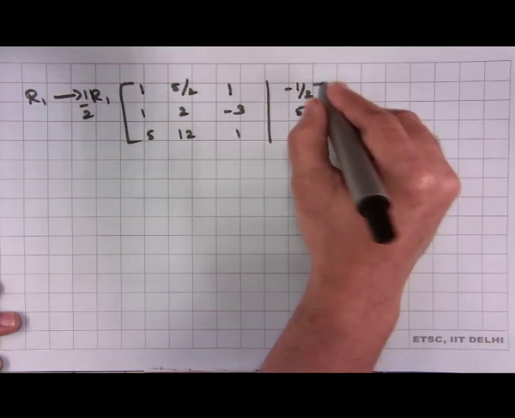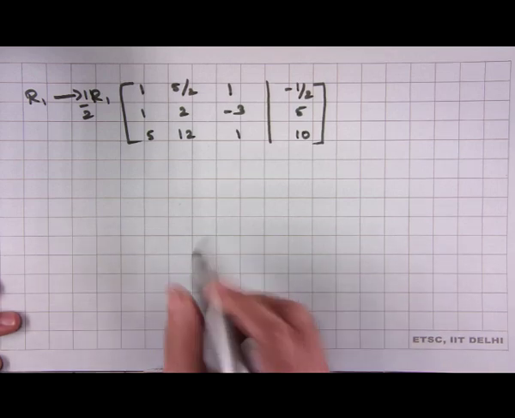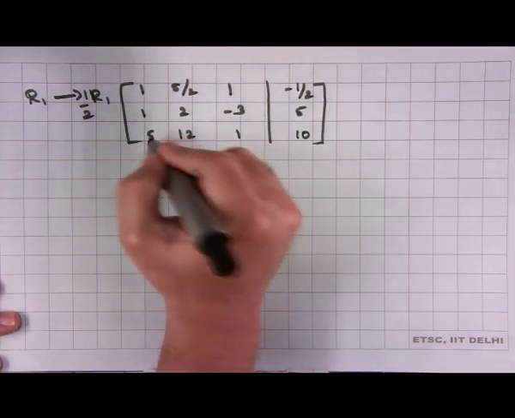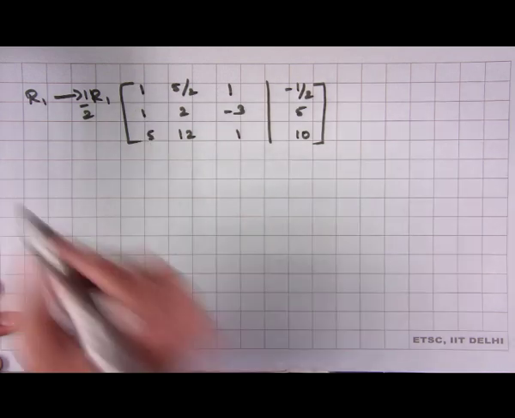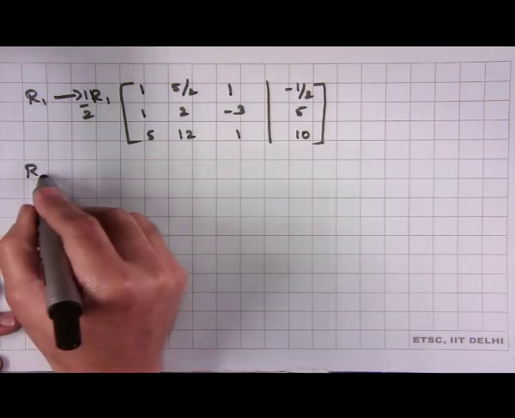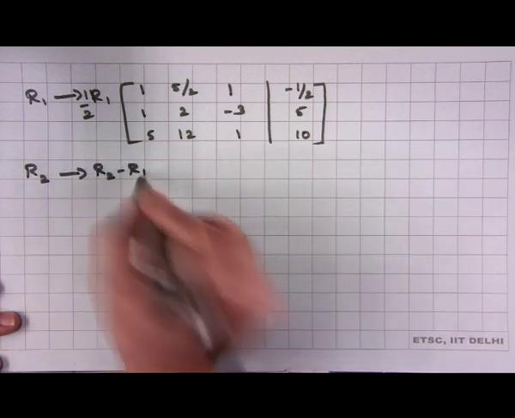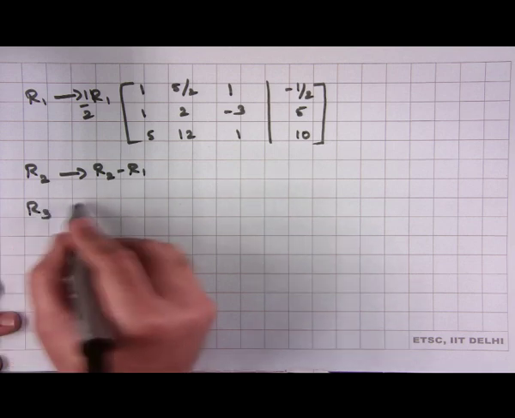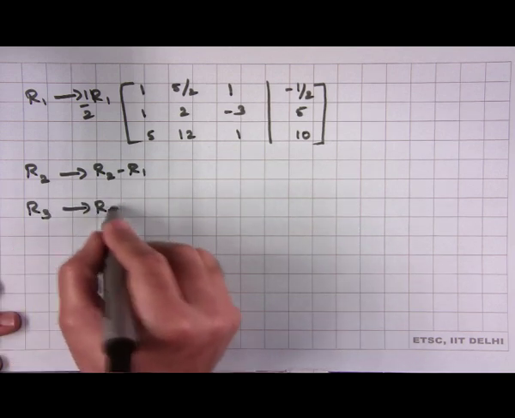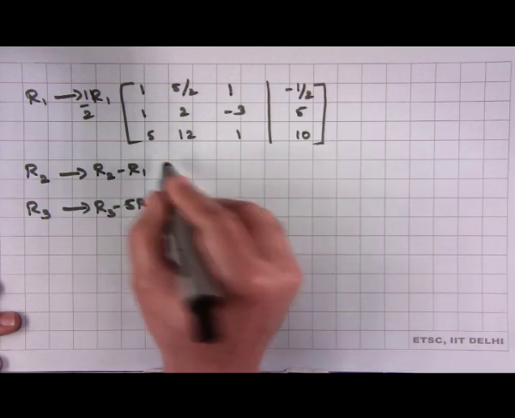Now, I will have to make the other things 0, that is 1 and 5 into 0. Replace R 2 by R 2 minus R 1 and replace R 3 by R 3 minus 5 times R 1.